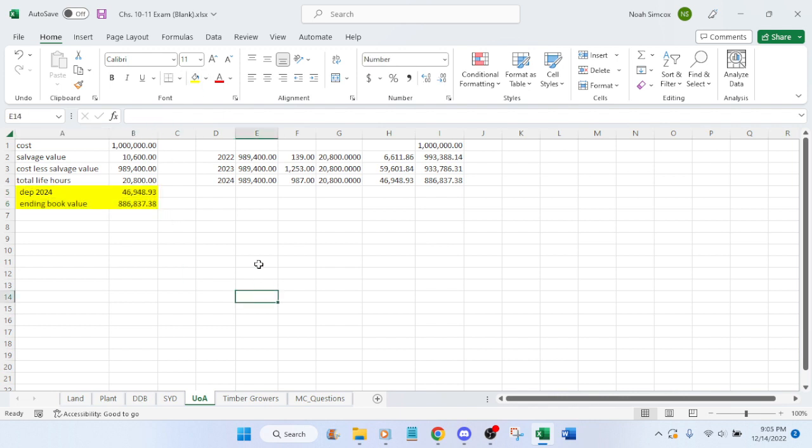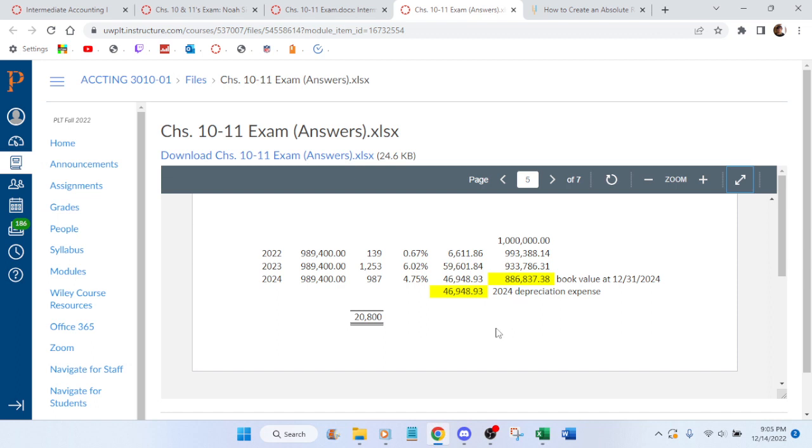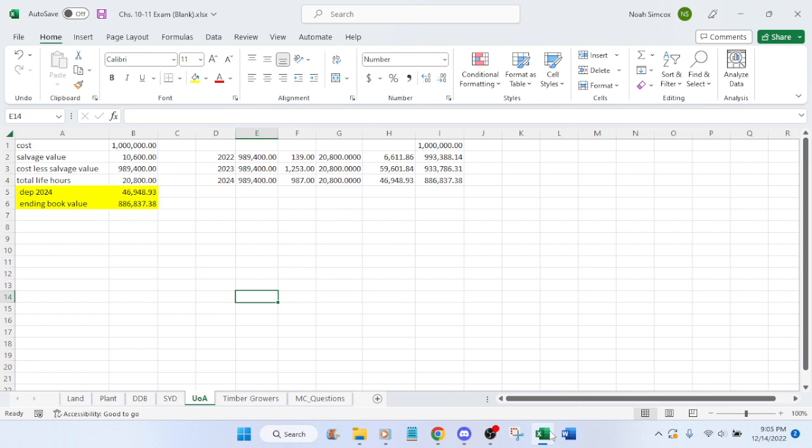So I got 46,948,93, and 886,837,38. I did it correct. So here's the way you do that. Multiply by this number, divide by this number to get this number.